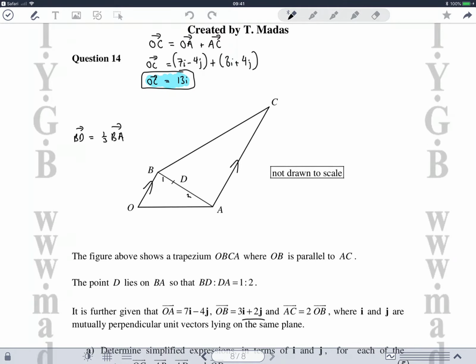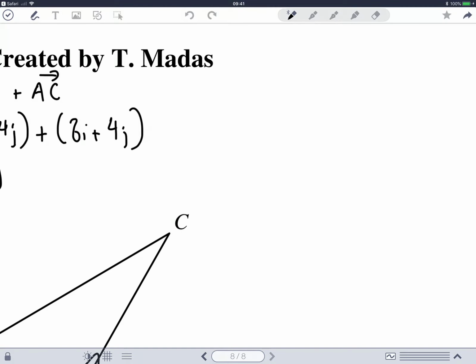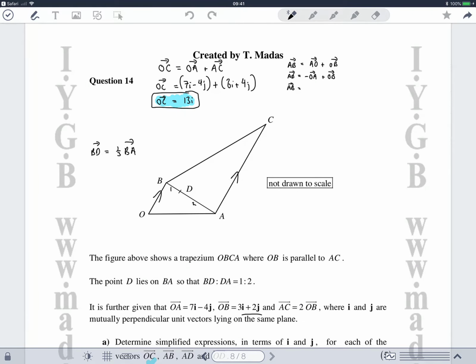AB. Okay, so AB, I'm probably just going to do AO plus OB, and AO is the same as the negation of OA. If I reverse the direction, I have to change the sign. So AB is going to be the negative of OA, and OA was 7i minus 4j, so that's minus 7i plus 4j.